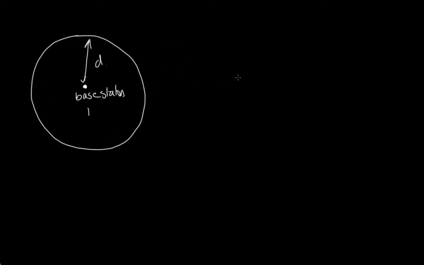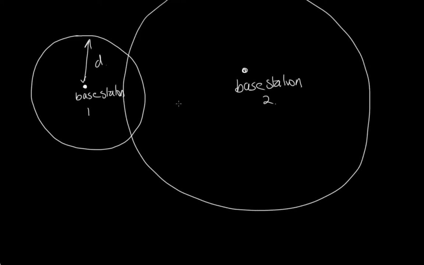If we have 2 base stations, so here's base station 2, and this has got some other D, so we know that the earthquake is some fixed distance from this base station, which tells us that the epicenter could be here or here. We don't know. There's 2 options.